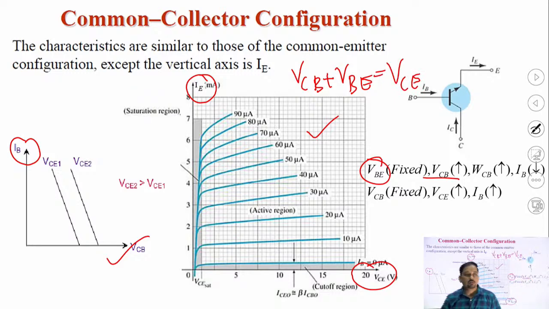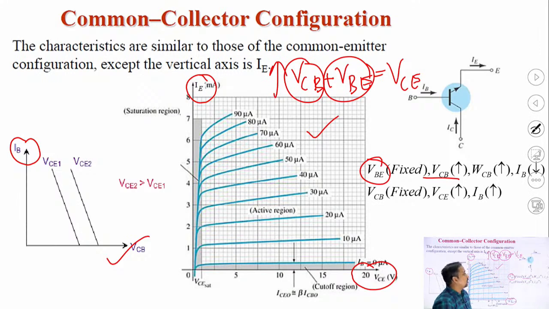If VBE is fixed and VCB increases, as a result VCE also increases. So the collector to base width increases, which basically reduces the value of current IB. So as VCB increases, the curve goes in a downward direction like this. So the input characteristics of the common collector configuration are very different from those of the common base and the common emitter configurations. We can utilize the early effect concept also in this particular situation.